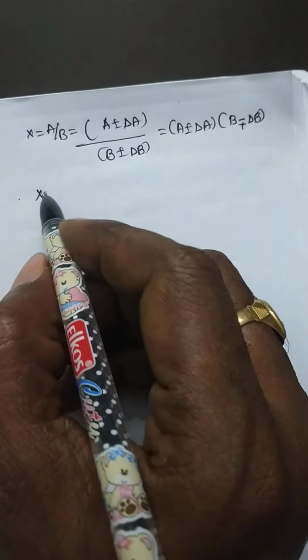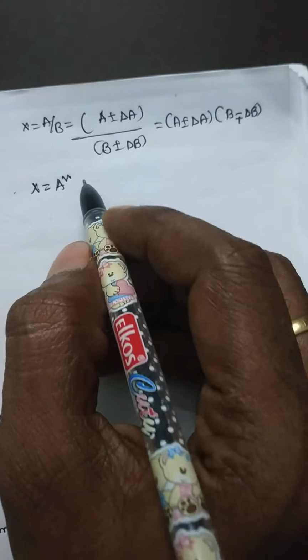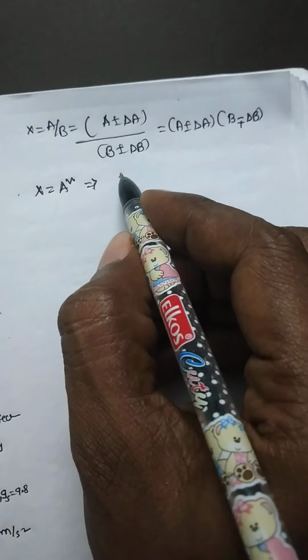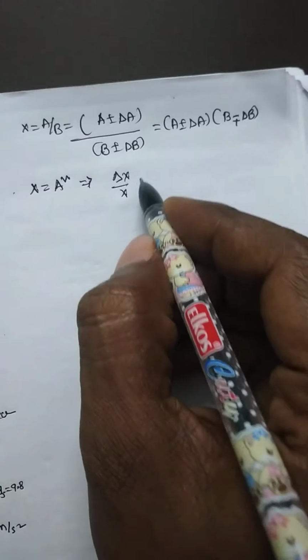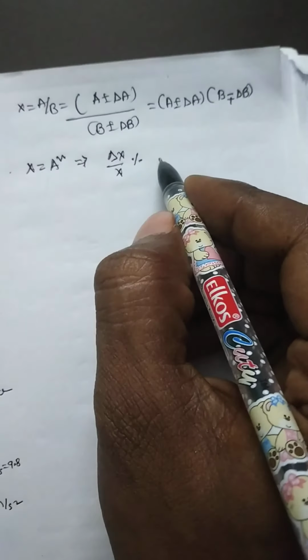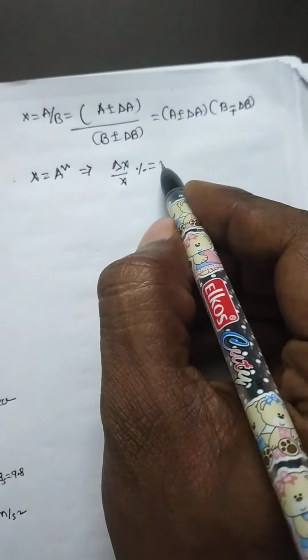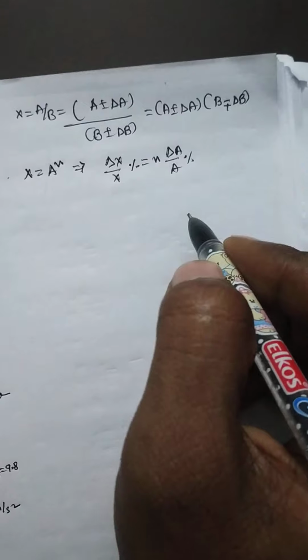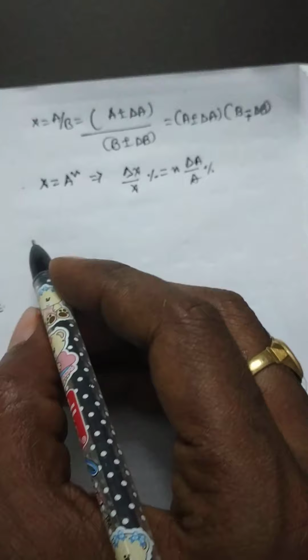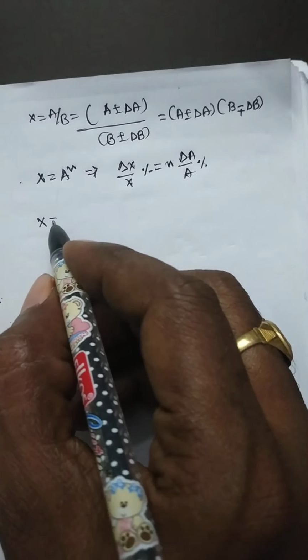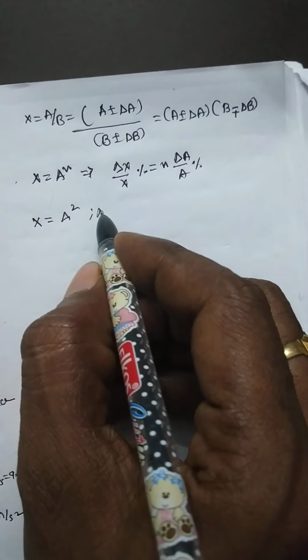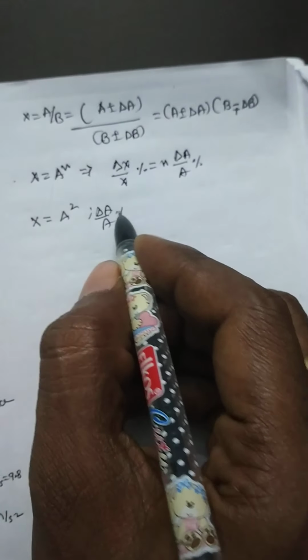Next, in solving problems like x equal to a power n, find the percentage error in x, that is delta x by x percent. The percentage error in x is equal to n multiplied with delta a by a percent. For example, I am given x equal to a square, and the percentage error in a is 4.